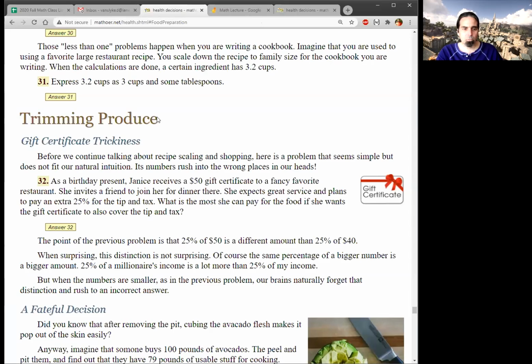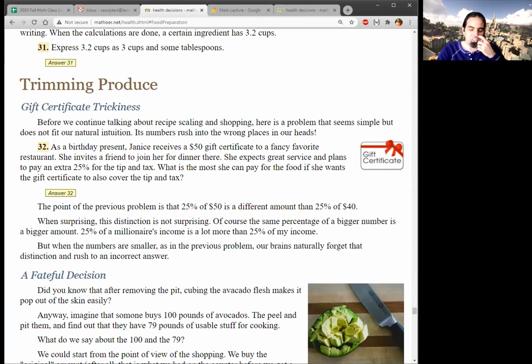Okay, moving onward. Here's a tricky problem. I'll have you try it first, and then I'll reveal the answer. As a birthday present, Janice receives a $50 gift certificate to a favorite fancy restaurant, and she invites her friend to join her for dinner there. And they're going to pay 25% for tip and tax. So she's wondering how much she can order.